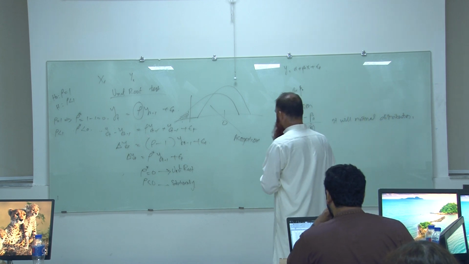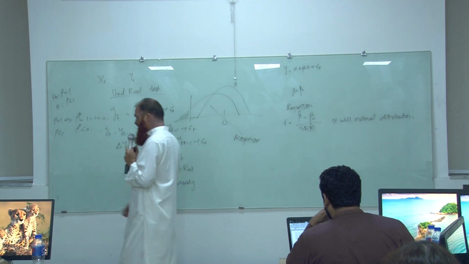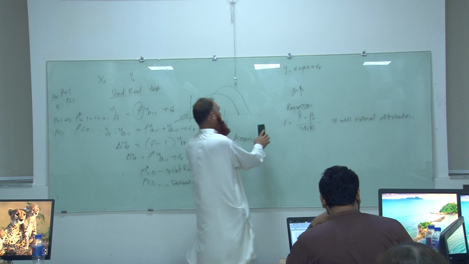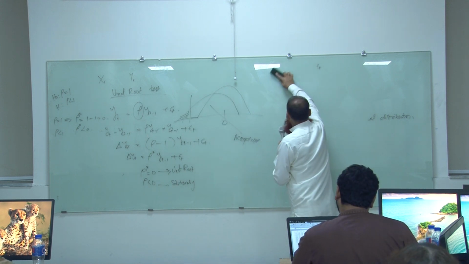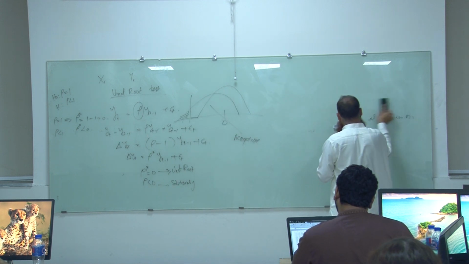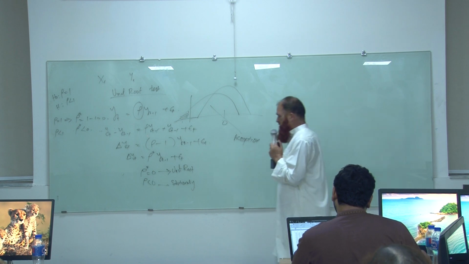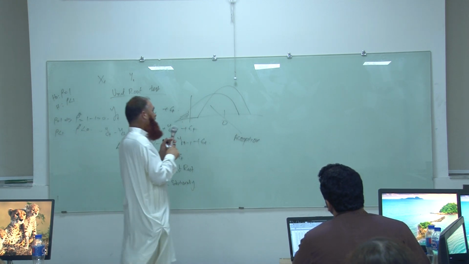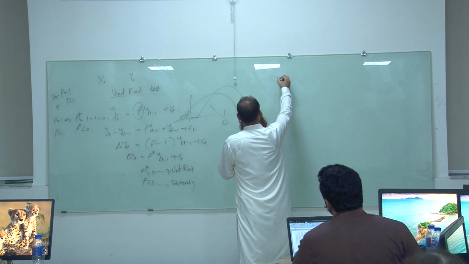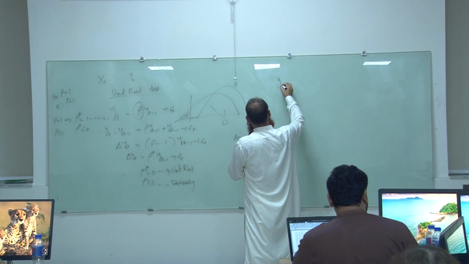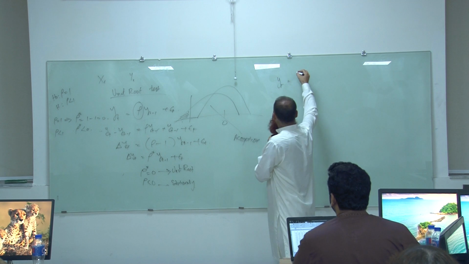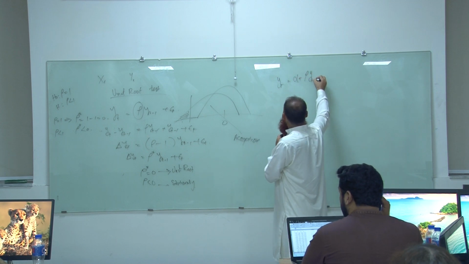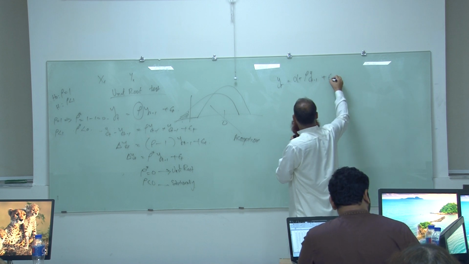For example, we have discussed that you may have a generalization. This is your generalization: yt is equal to alpha plus rho yt minus 1 plus epsilon t.